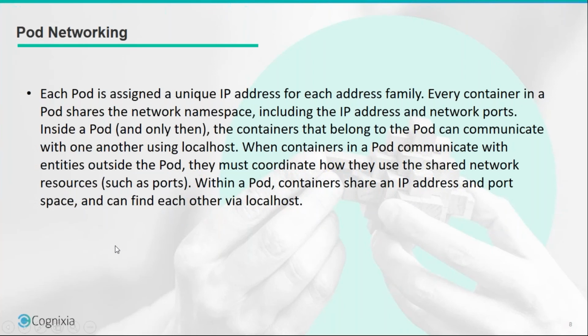As an example, you have a pod which has one container, say C1, and it is running on port 80. And here I have another pod which has multiple containers, say C3 and C4, where one is running on port 8000 and the second on 3306.